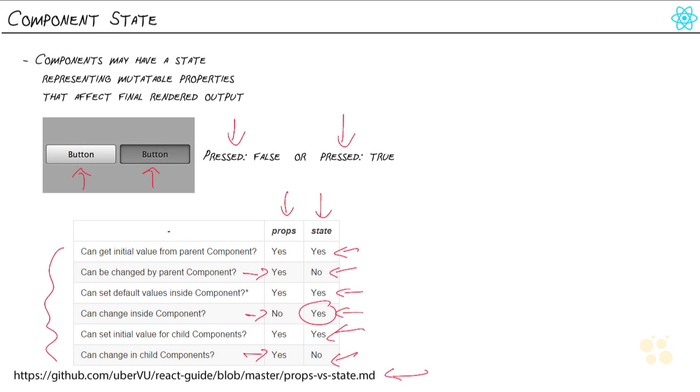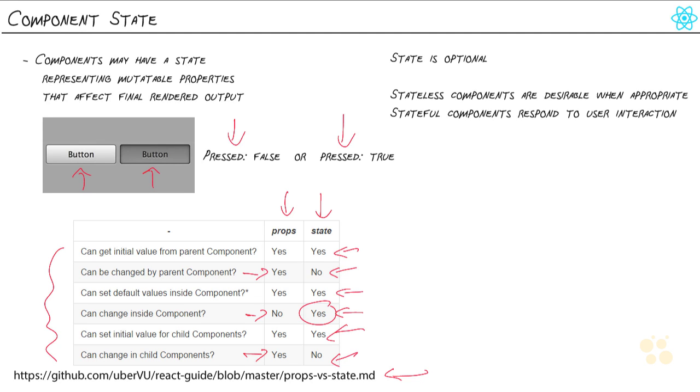So one thing that I want you to remember when you're developing larger, more complex user interfaces with React.js is that state is completely optional. Your properties are probably not optional. I mean, technically they are, but chances are you're going to need some properties in your component. But state is optional. So as much as possible, you should build stateless components.